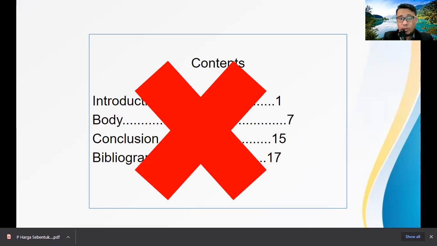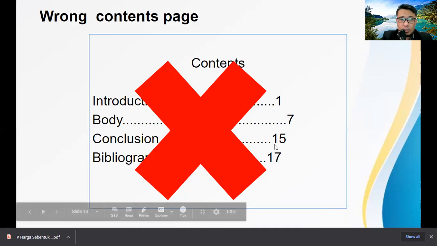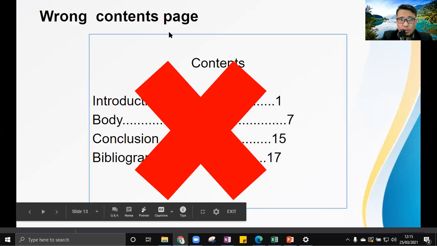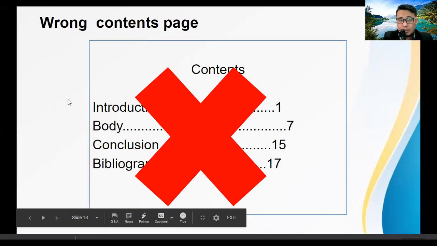By doing it this way, as a reader, I don't know what will be inside your essay. What are you going to discuss? I don't know yet because there's no detail here. So this is the wrong content page. So please do not do this, because this is kind of like a draft.